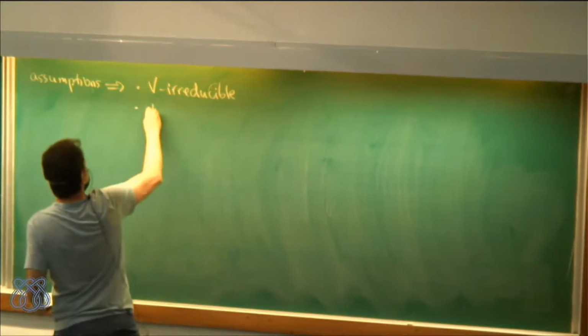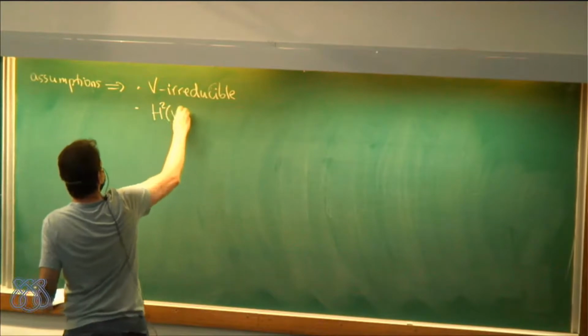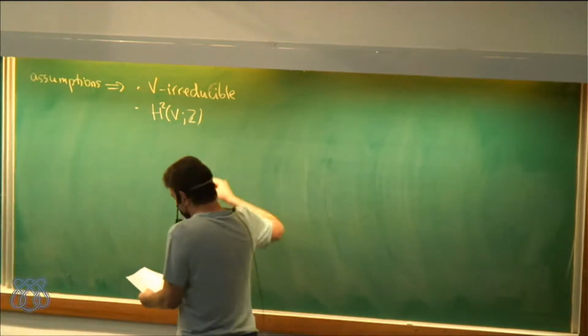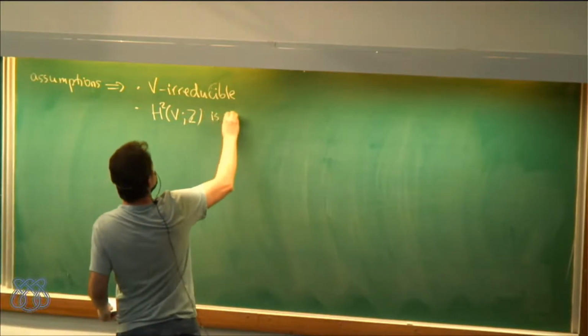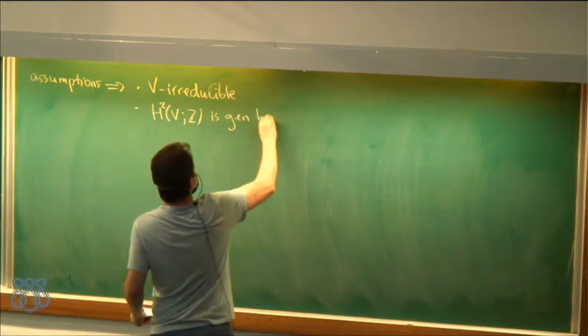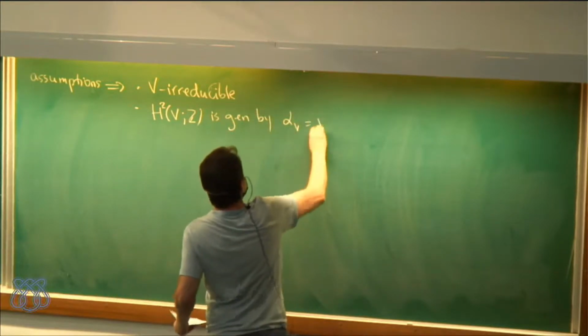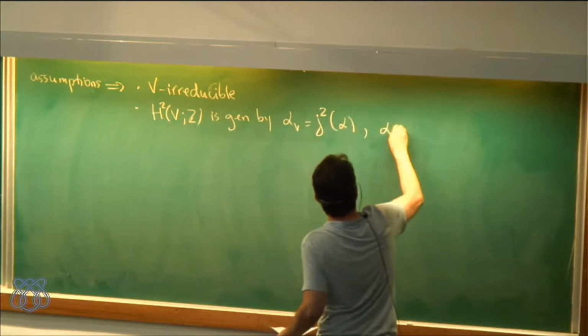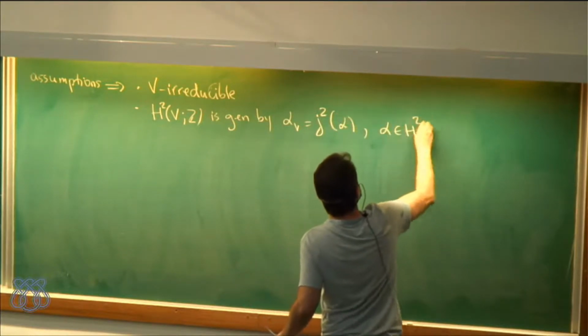The other thing is that H2 of V, sorry, here I should say Z algebra, of course. This is even more powerful than it looks. So H2 of Z is generated by alpha V, which is J2, so the pullback under the inclusion of the generator of CPN.